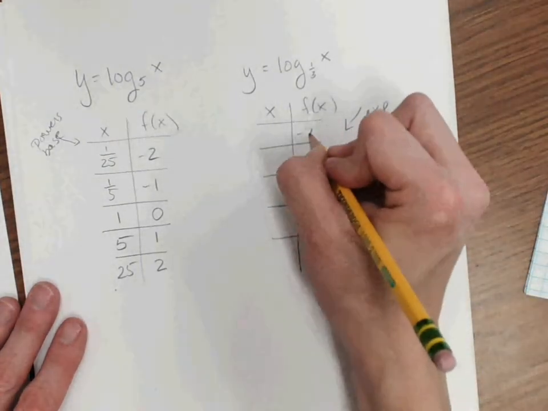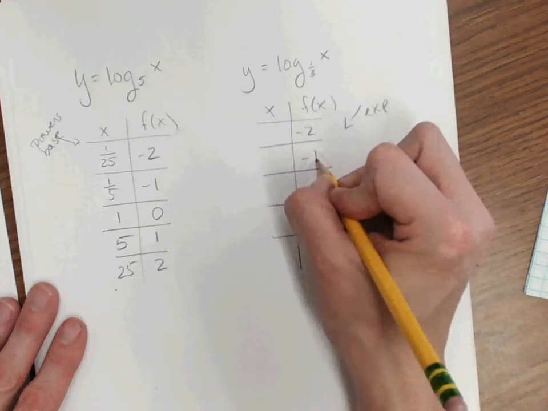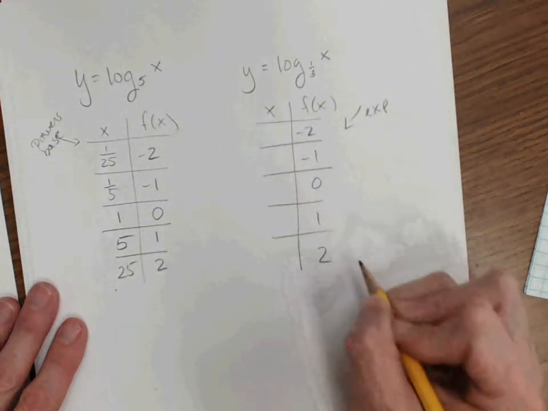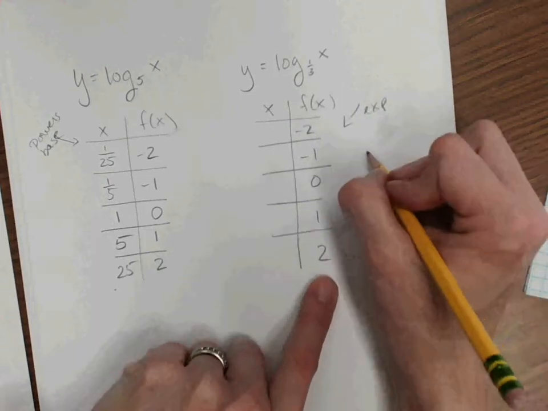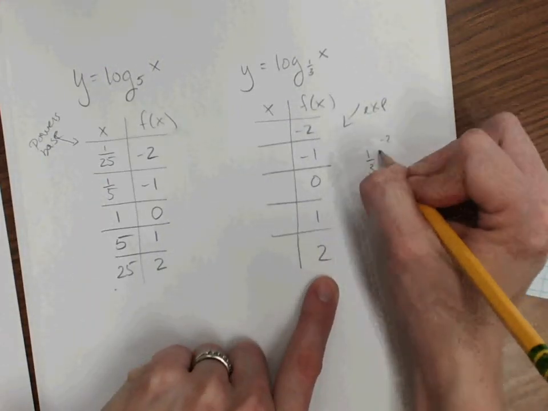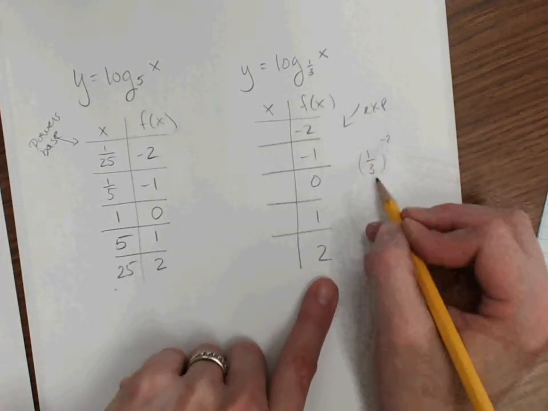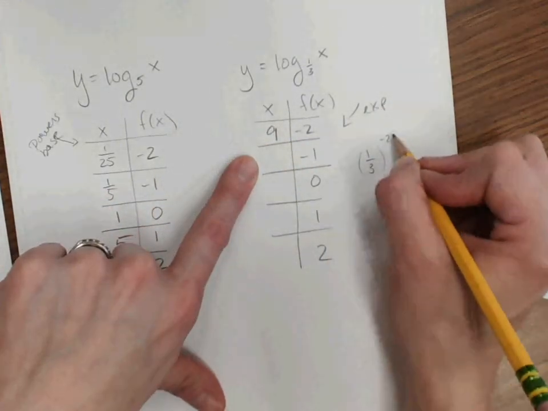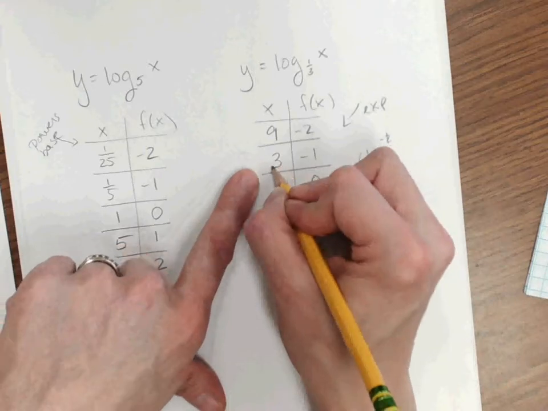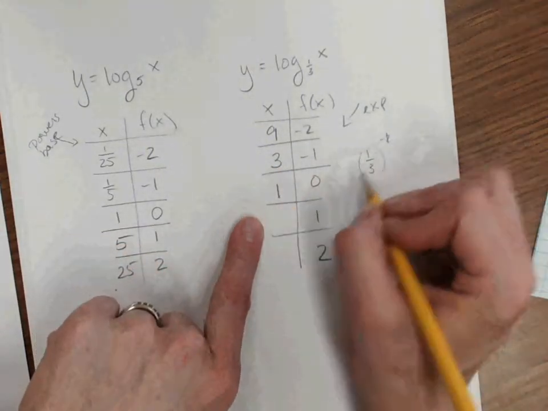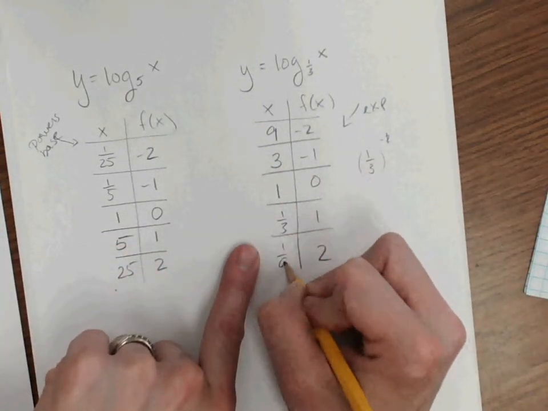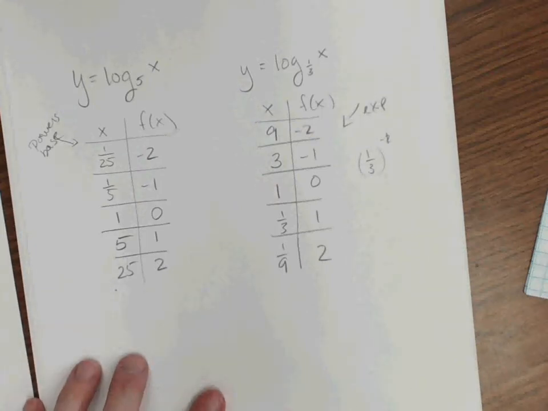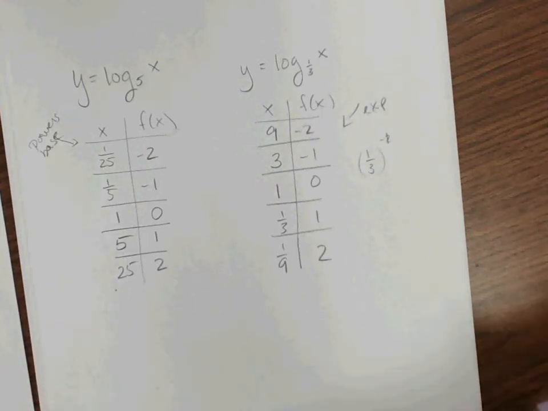So I'm going to have an exponent of negative 2, negative 1, 0, 1, 2, and then once I figure out what 1/3 to the negative 2 power is, that's going to flip it, so it's going to become a positive 9. This is going to become a positive 3. This is just a 1 still, and then a 1/3, and then a 1/9. Right? That's another way that we can quickly make that table.